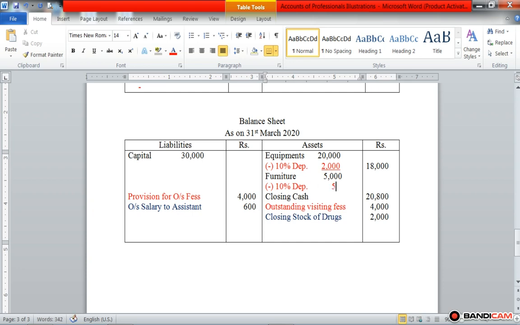Got it? Here we deduct this 500 from 5000. Here we get 4500, the actual amount of furniture.